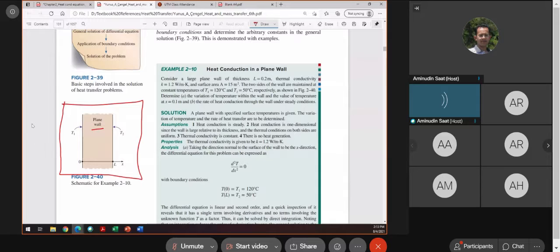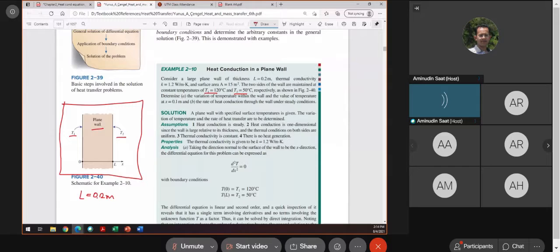The temperature on one side is T1 and on the other side is T2, and the thickness of the wall L is 0.2 meter. Given here: T1 is 120, T2 is 50.